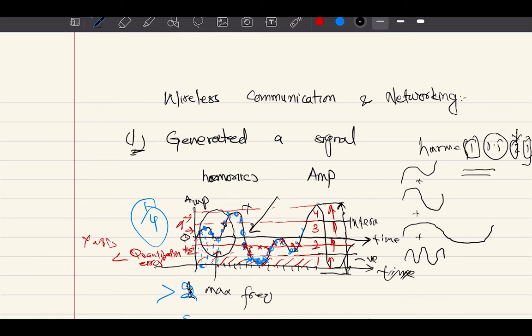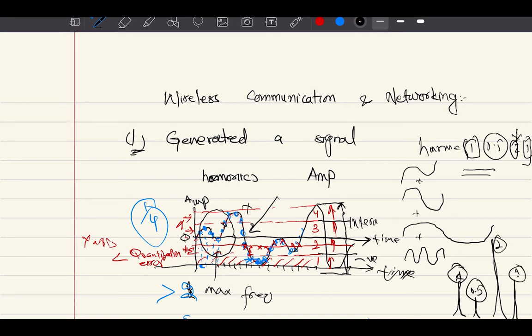But if you convert the same signal into the frequency domain, it will show you clearly that this is the 1 harmonic, this is the 0.5 harmonic, this is the 2 harmonic, and this is again the 1 harmonic. So your signal contains 4 types of signal, which contain these frequencies.